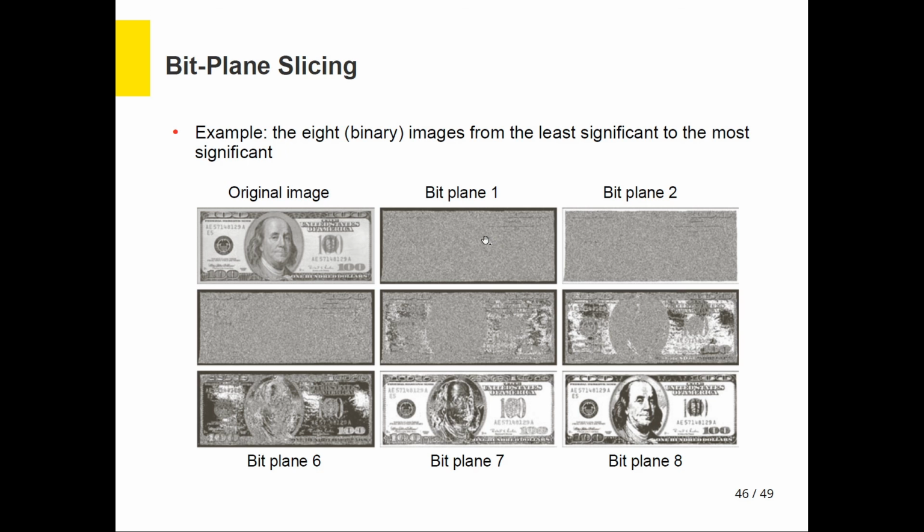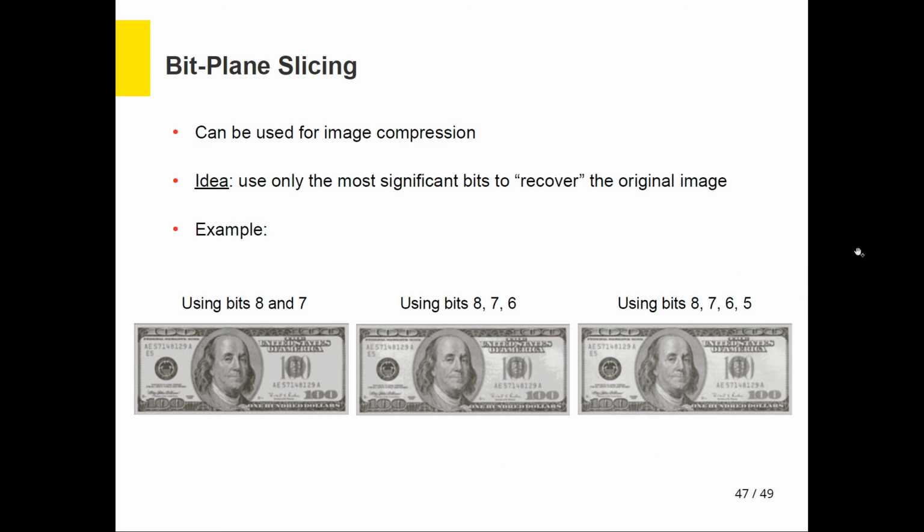So the smaller bits, basically the first bit, second bit, the third bit, if you count from the right of any binary number, they look more like noise, while the most significant bits, 8, 7, and 6, contain more information.